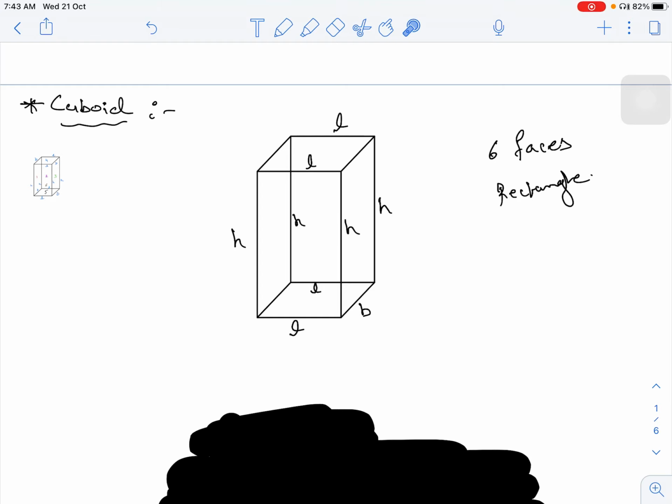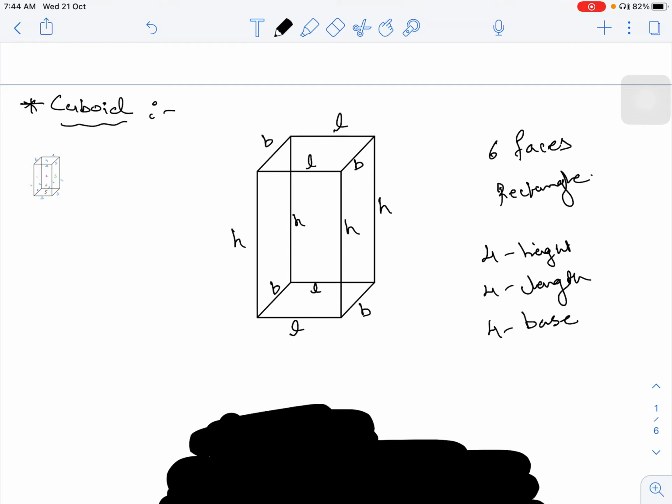If this one is breadth, then the opposite one must be breadth. So here we have breadth, breadth, breadth. It seems that there are four heights, four lengths and four breadths.